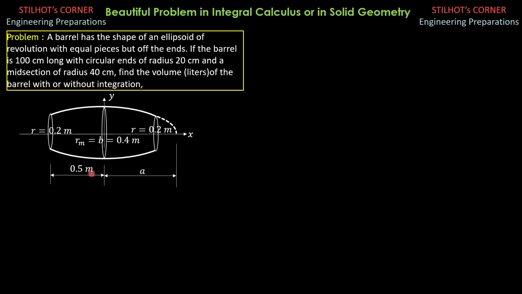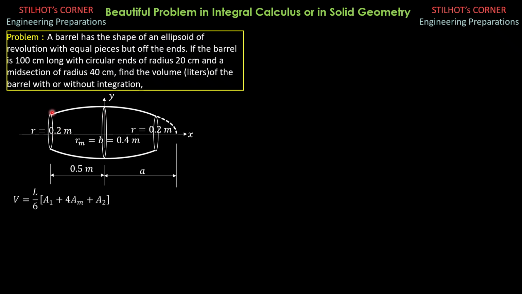Without integration, the volume by prismoidal formula is L over 6 times the quantity area of end section 1 plus 4 times the area of the midsection plus the area of the other end section 2. Take note that the solid is symmetric with respect to both axes.